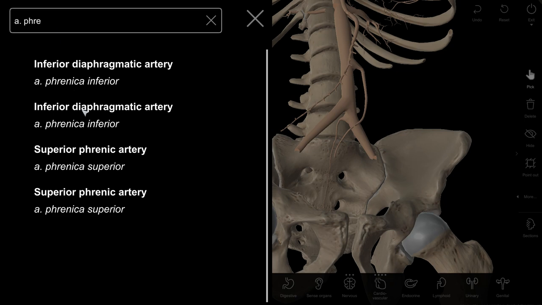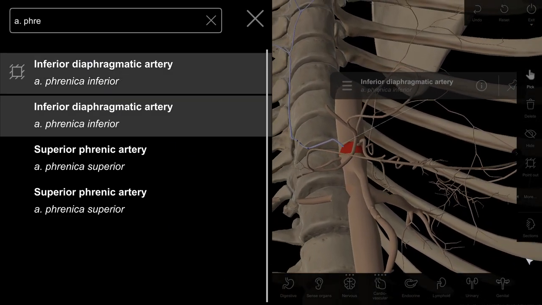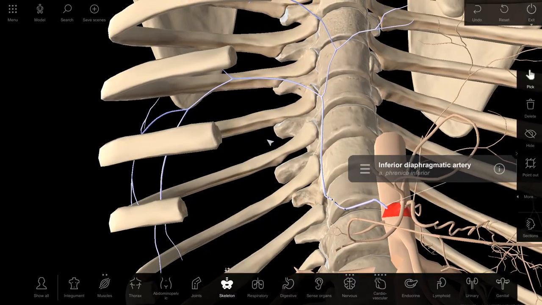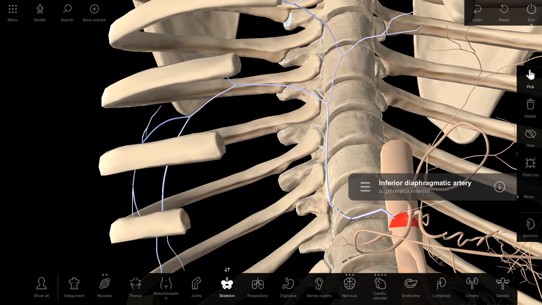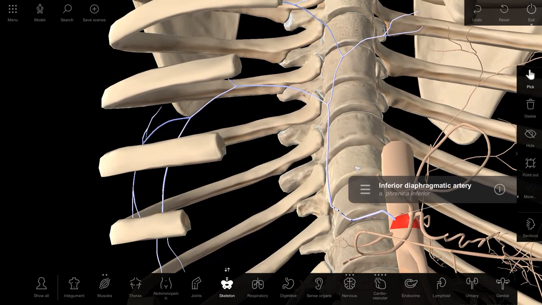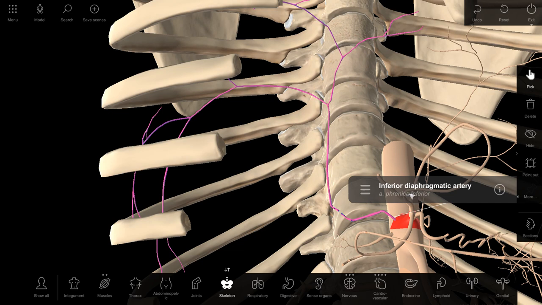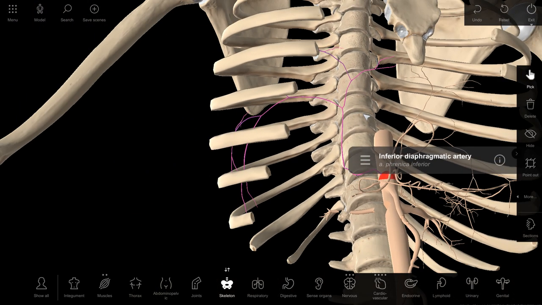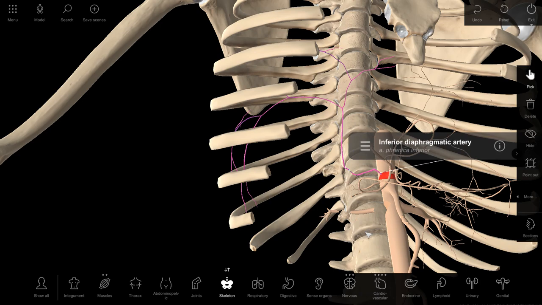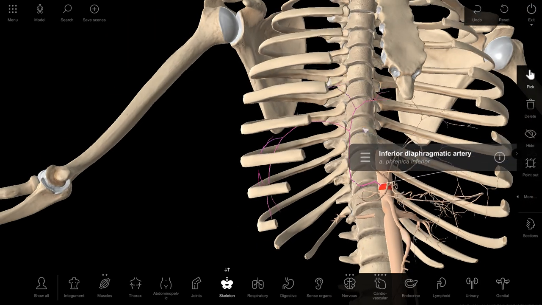Arteria phrenica inferior. Here they are. Now I want to paint them. It's better seen in such situation.